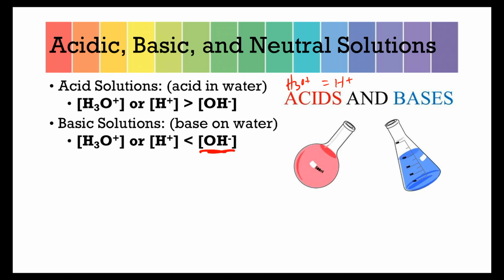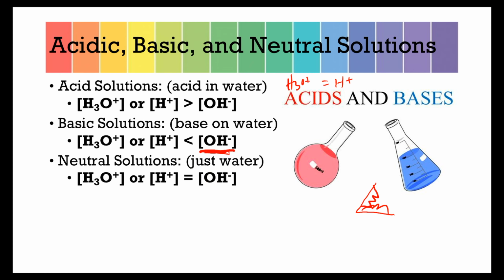If greater than and less than signs confuse you, here's a quick trick. When I was little, this is how I was taught: think about it like an alligator mouth, and it eats the bigger side. So here you have more OH. If you're neutral, your H plus and your OH minus are equal.